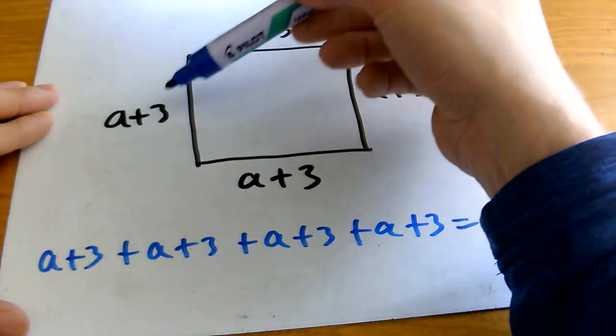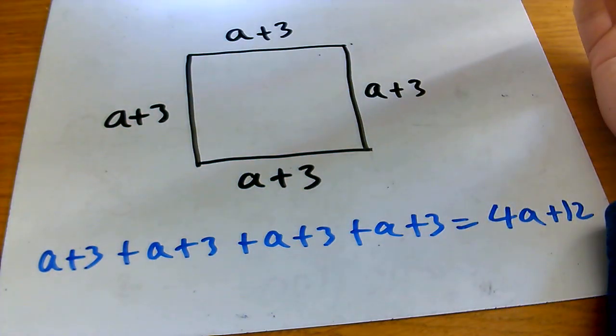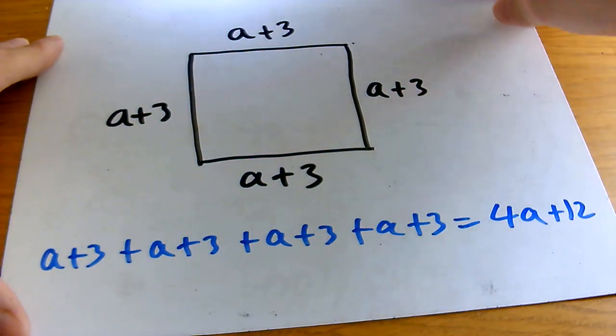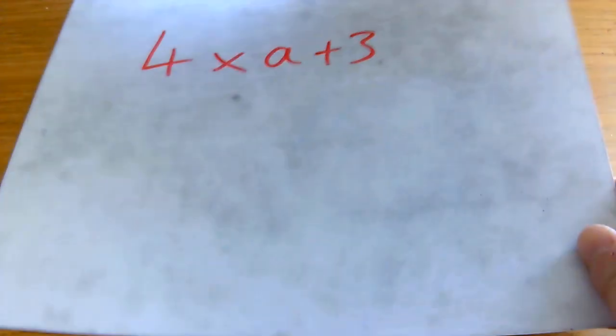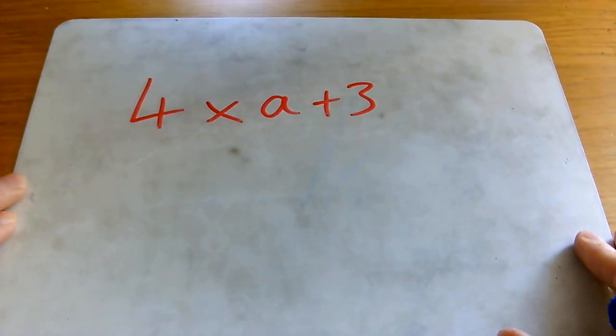We could have done A plus 3 multiplied by 4. Now, what would that actually look like if we did that with algebra? Well, I'll show you what it would not look like. This.